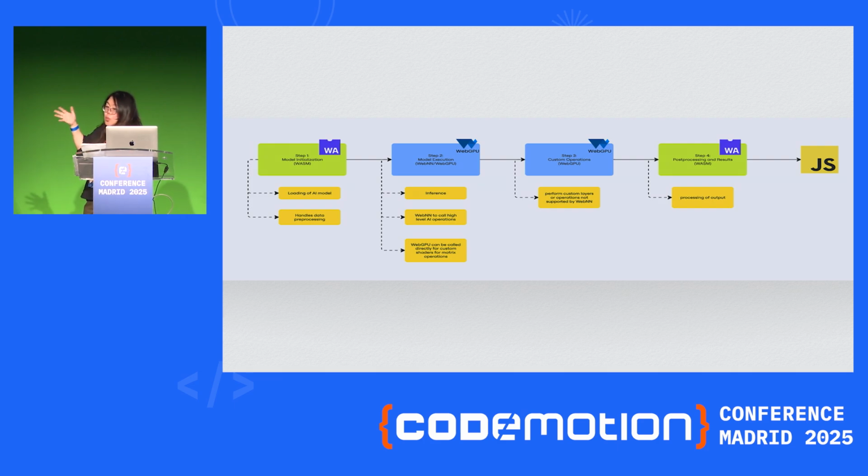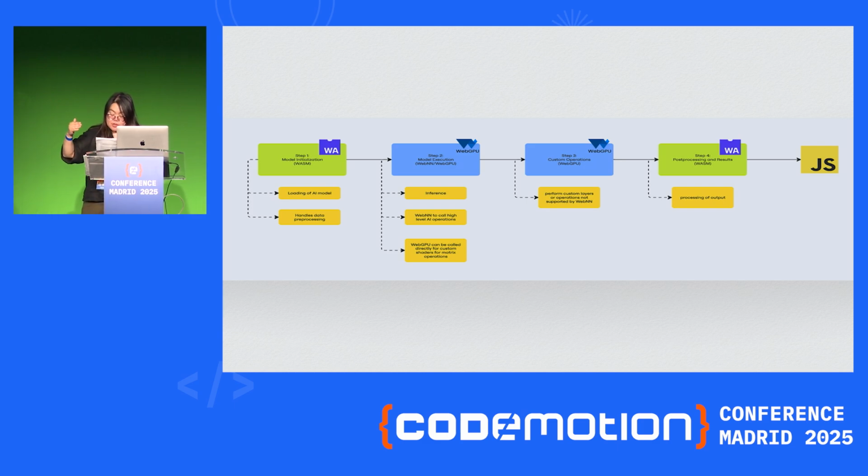And this is an example workflow of a web app that will utilize all those 3 technologies. First, you have your model initialization on WASM. For example, a deep learning model for image classification is first loaded using WASM, and you start doing all the pre-processing, and then you do the model execution, which is the inferencing process, with WebNN.